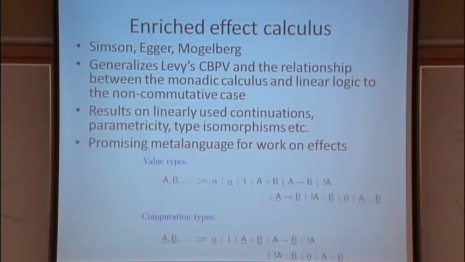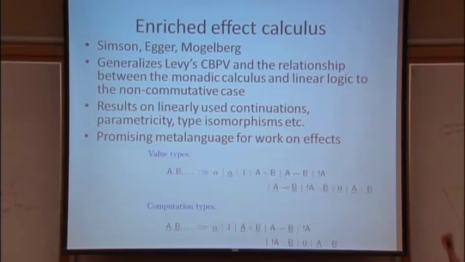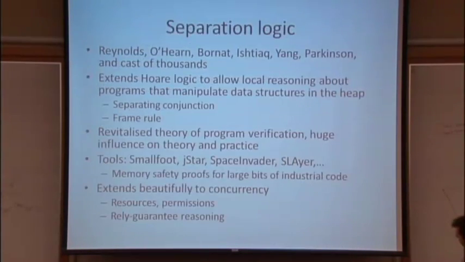And this enriched effect calculus, it's not generally described this way, but you can think of it as being like a term calculus which corresponds to the general case where the monad is non-commutative. So you have a two-level language where there are types for values and types for computations, and you think of the types for values living in the base and the types for computations living in the Eilenberg-Moore category associated with the monad. So here we are.